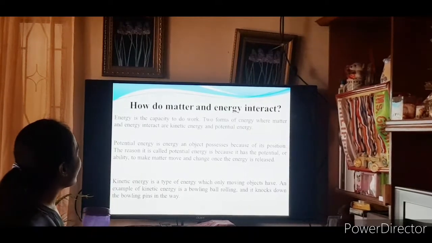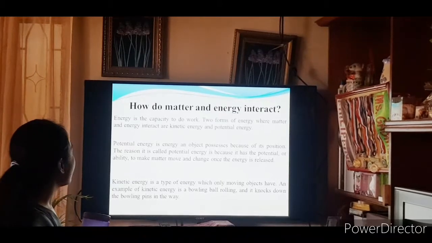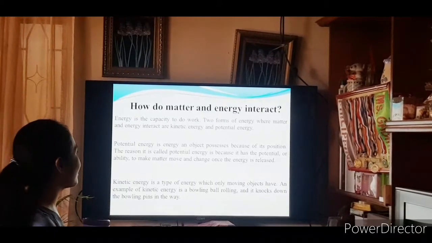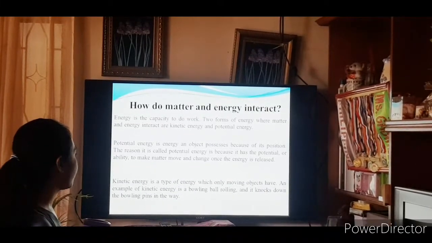Potential energy is energy an object possesses because of its position. The reason it is called potential energy is because it has the potential or ability to make matter move and change once the energy is released.